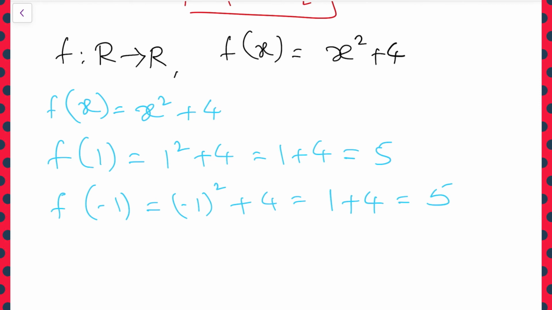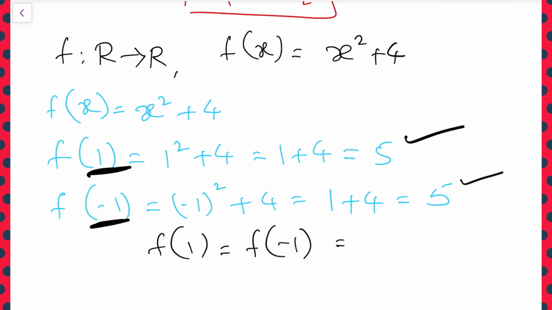So when I substituted plus 1, I got the answer as 5. When I substituted minus 1, then also I got the answer as 5. So f of 1 is equal to f of minus 1 is equal to 5. Plus 1 as well as minus 1 both are having the same image 5. So that's why this is not a one-one function.